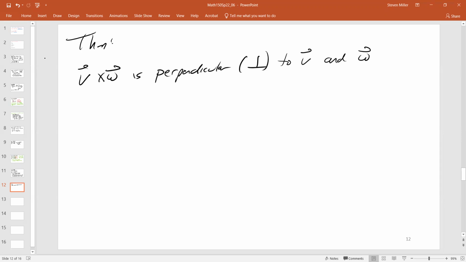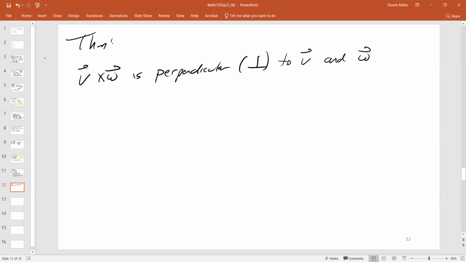What would it mean for two things to be perpendicular? They intersect at a right angle. And if they intersect at a right angle, what can you tell me about a certain thing associated to them?